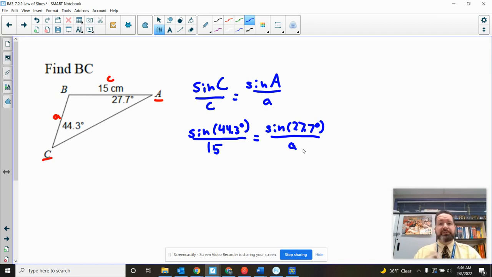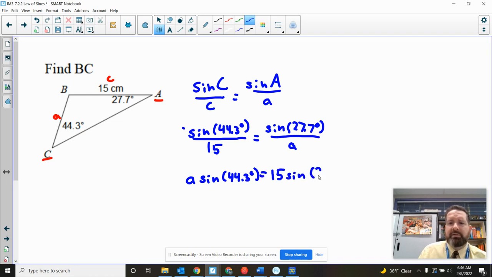So cross multiply. If I cross multiply, I'm going to have a times the sine of 44.3 degrees equals 15 times the sine of 27.7 degrees. And here's the important thing. This and this, these are just numbers.